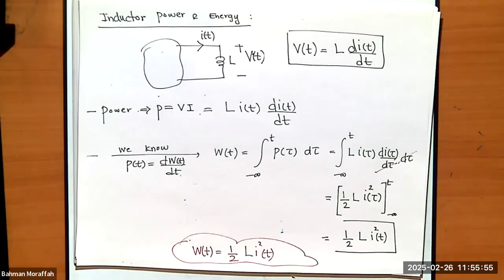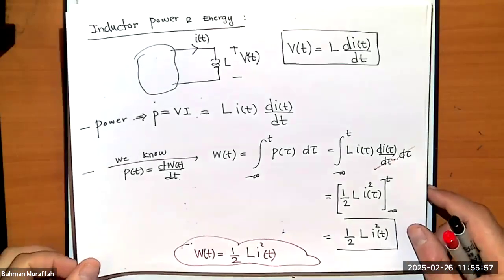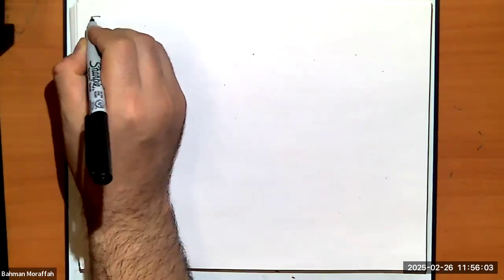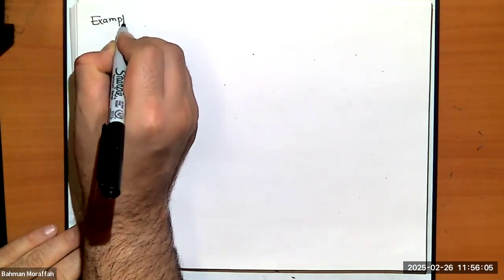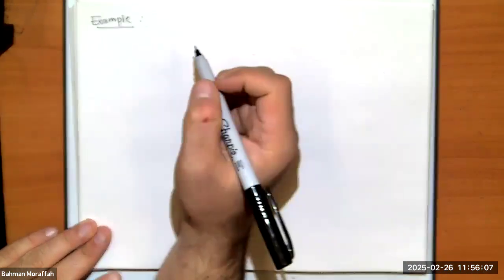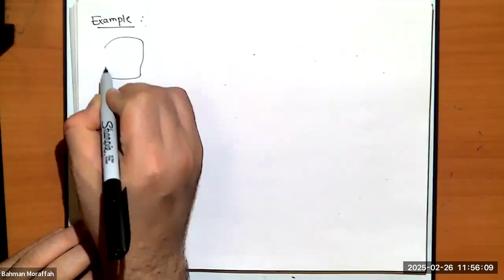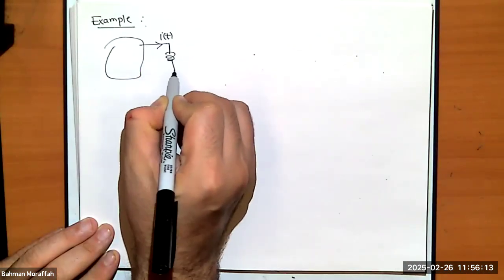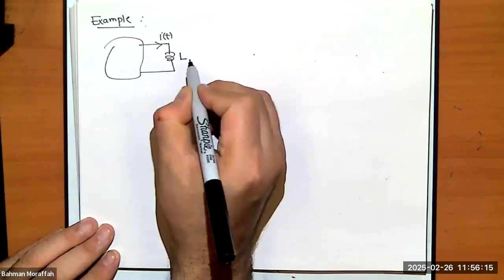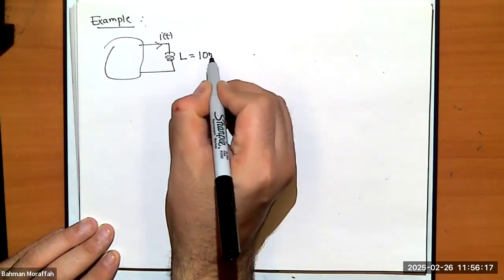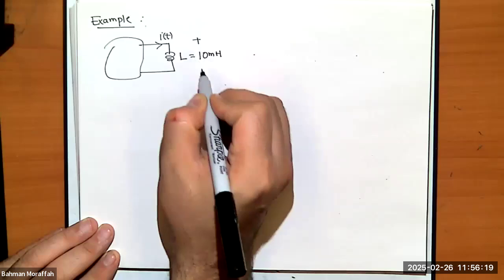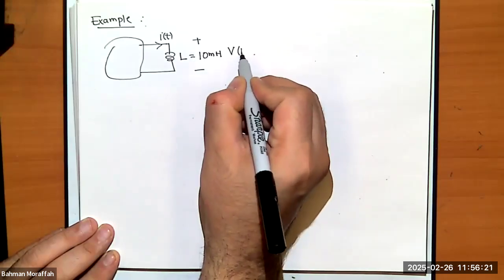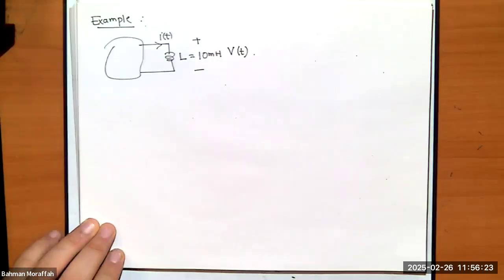All right, let's do an example. See how this works. Let's just say I'm given a circuit that's connected to an inductor with value L, and I know L is 10 millihenry, and voltage across it is v(t).